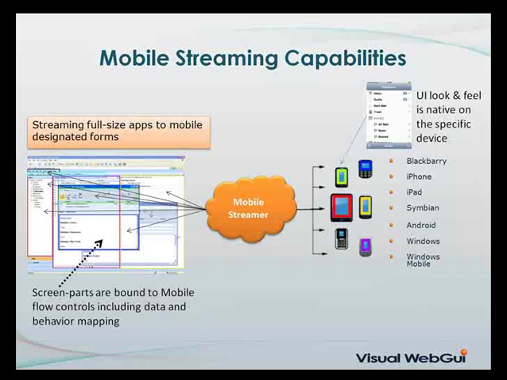What you do is take a few screen parts, and through a mobile streamer you bind these into a flow. And you can have the look and feel of every device that you want.